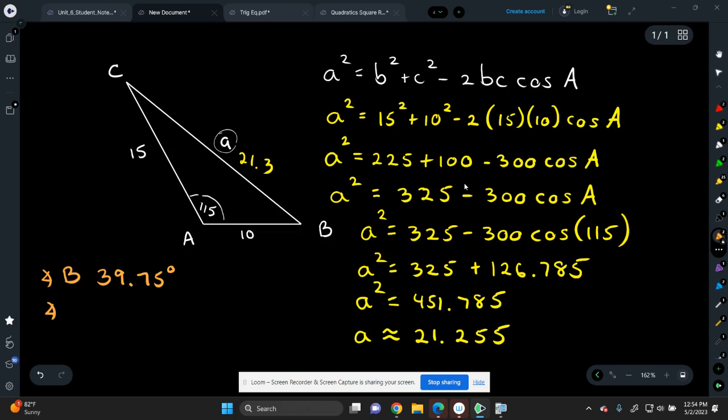Are you taking the inverse sine afterwards? I am. Okay, hold on a second. I'll see if I can figure out what's going on. Angle C, 25.25. Yeah. You could round it to 40 and 25 if you want to. Nope, just kidding. That's what I was doing. I wasn't putting it in the sine. Okay.